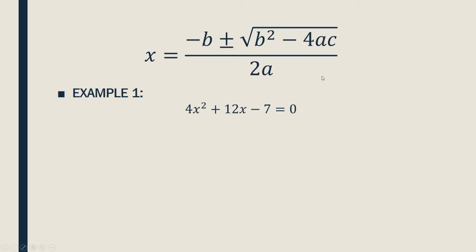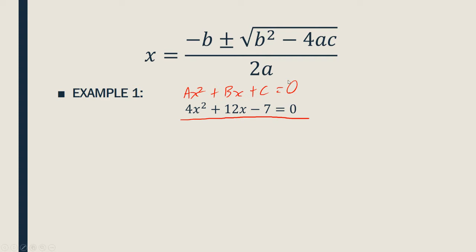4x squared plus 12x minus 7 equals 0. This is an example of a problem that actually probably could be solved using factoring, but we're going to show here that it can be solved using the quadratic formula. So I have 4x squared plus 12x minus 7 equals 0. I'm already in standard form: ax squared plus bx plus c equals 0.